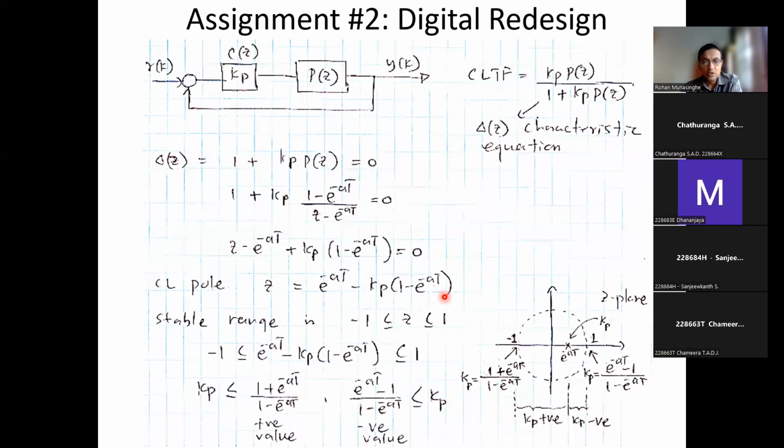In discrete time, we know that the plant is stable if you have all the poles inside the unit circle. If the poles are outside the unit circle, the plant is unstable. So your pole here is a single pole case. This pole has to be inside the unit circle for the plant to be stable.